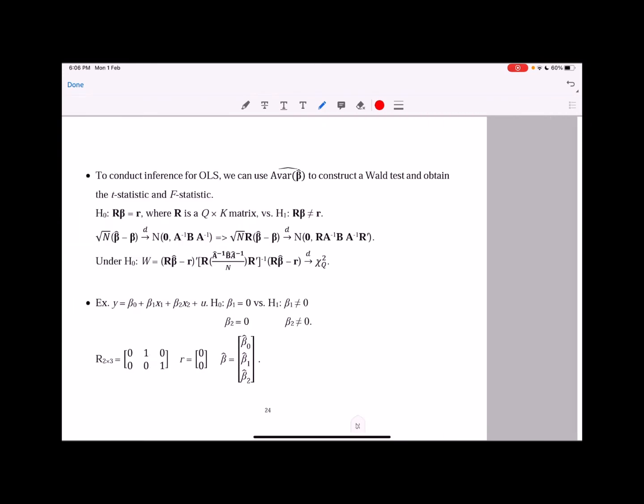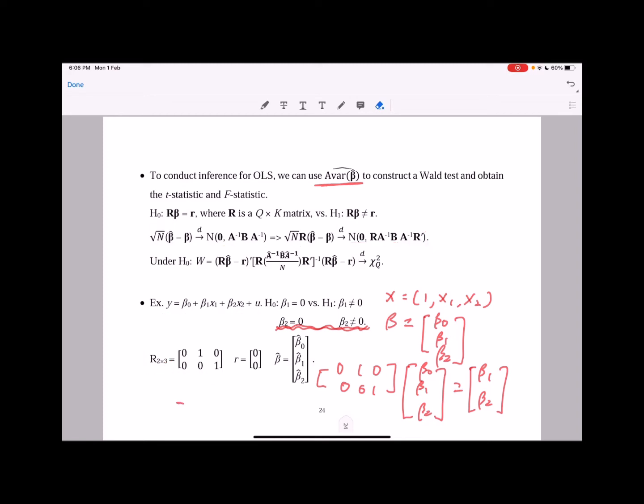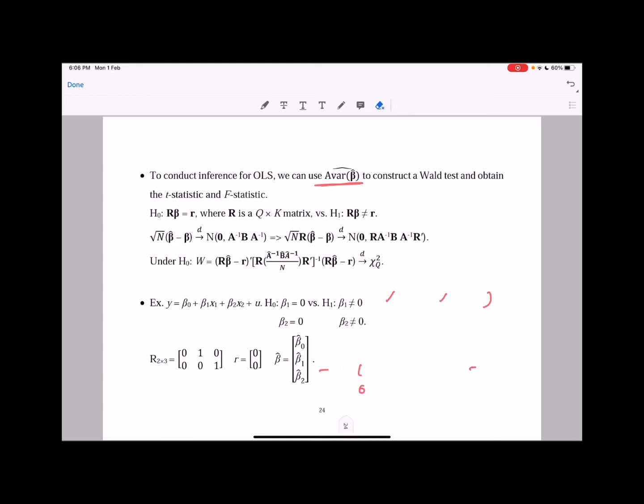Let's come back a bit here. Let's go back and see something. This term here is essentially the variance of R beta hat. But this is linear, so it's just a linear function of the original variance of beta hat, because R is linear.